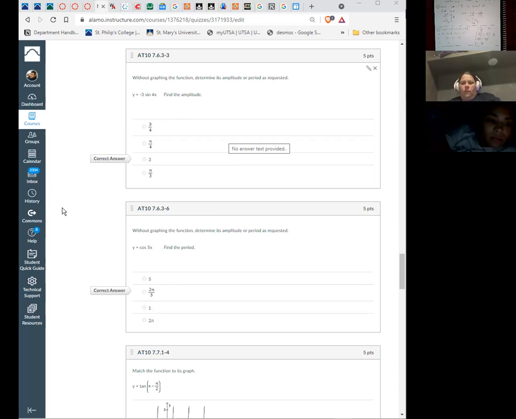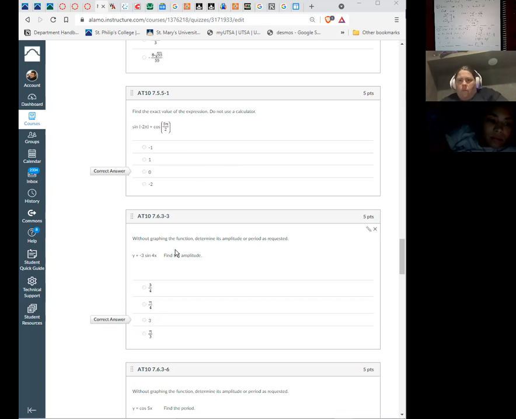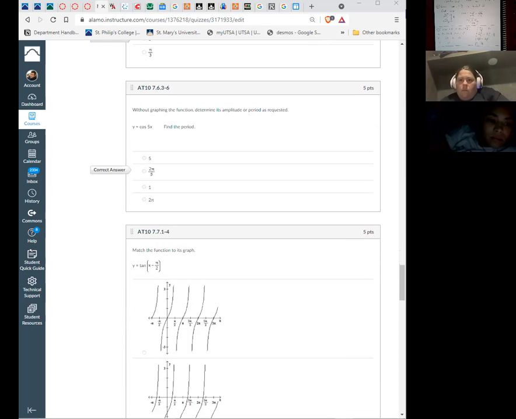17, I think it is. I forgot what number I'm on. 15, 16, 17. 17 is slightly, to use a slight amount of work. Find the period. y equals cosine 5x.